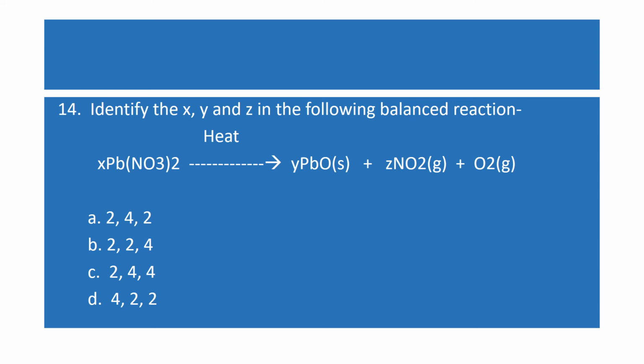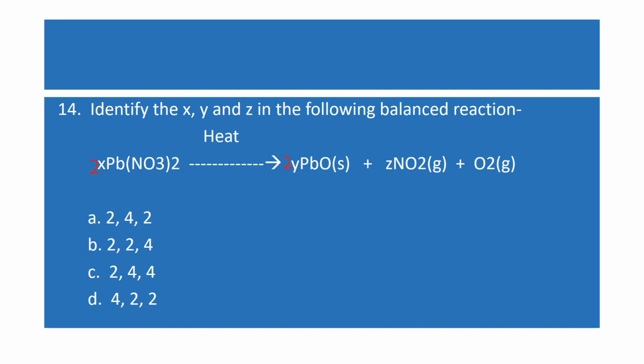Identify the X, Y and Z in the following balanced reaction. So you can first balance the reaction, then you will find what will be the number for X, and Y is equal to what and Z is equal to what. So you will start first by 2. Suppose you are writing 2 here, 2 Pb, so you will write 2 here also, making lead balance.